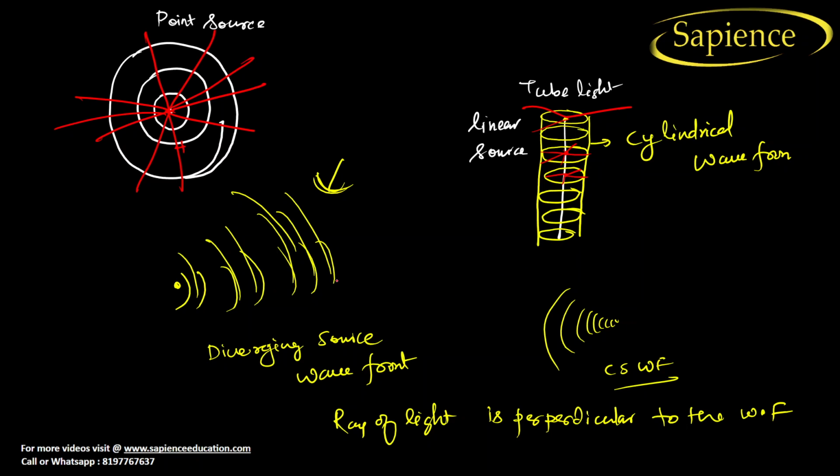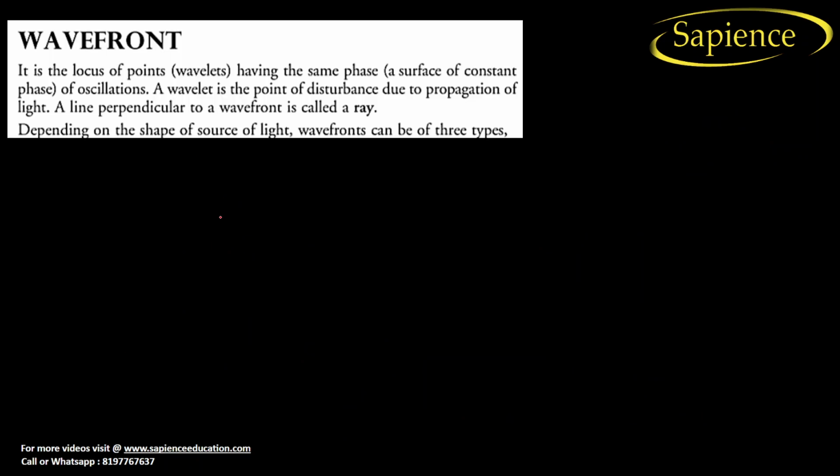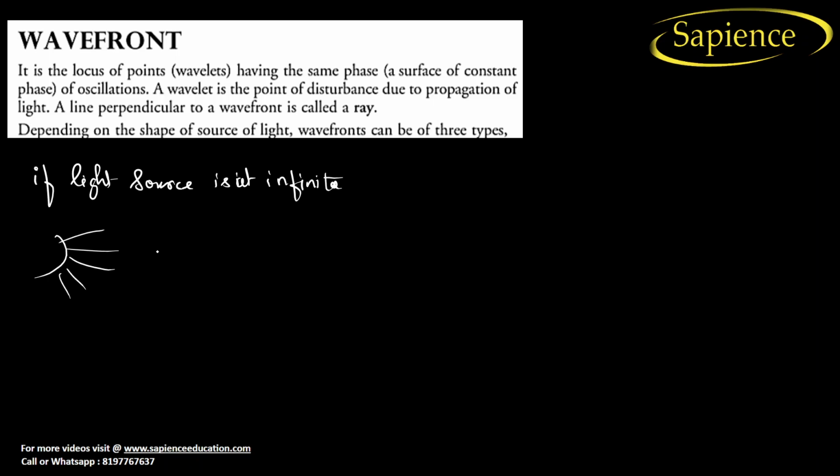Now, if the light source is at infinite distance, light comes from an infinite distance, so it will be considered a parallel beam of light.